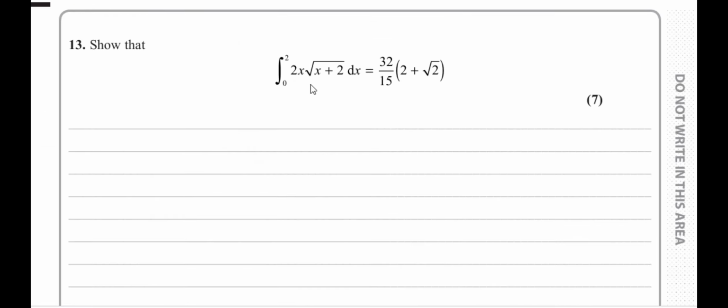Question 13. Show that integral between 0 and 2 of 2x square root of x plus 2 dx is equal to 32 over 15, 2 plus root 2. So this is an example of integration by substitution. So let's write, let u be equal to x plus 2.